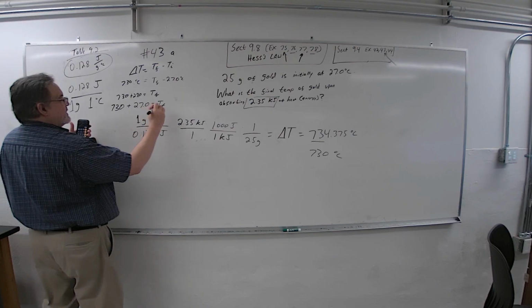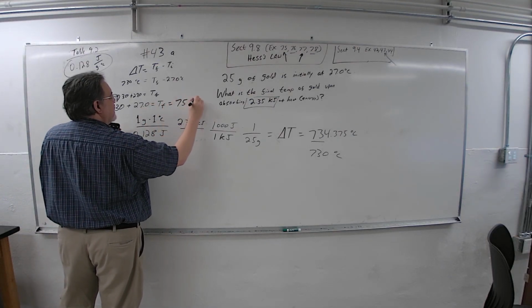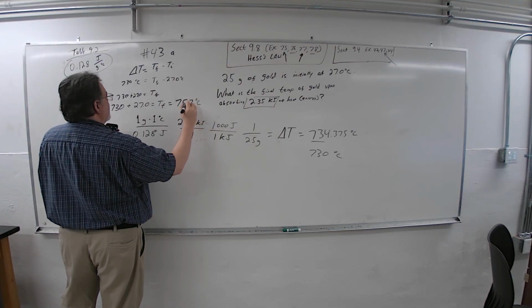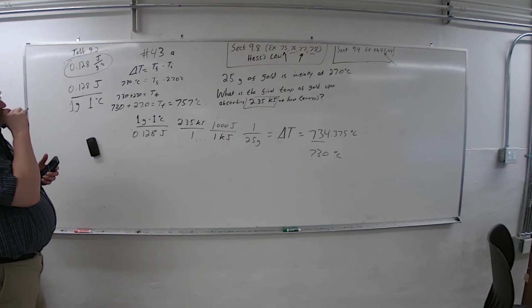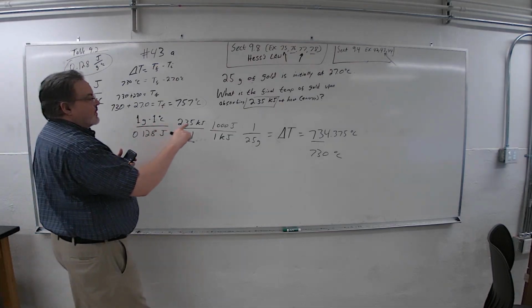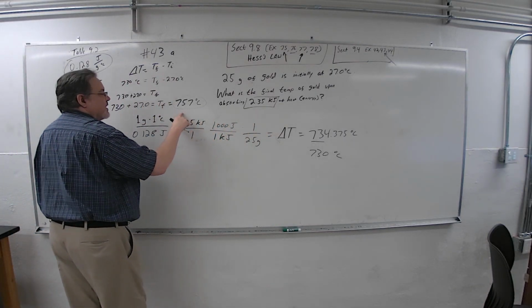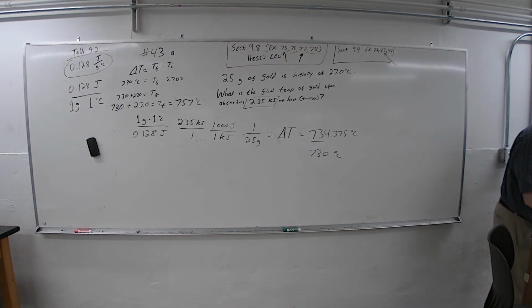So when I do this, I get: it started at 27 degrees. You put this many kilojoules into it, and it goes all the way up to 757. Let's just see if I screwed that up or not.